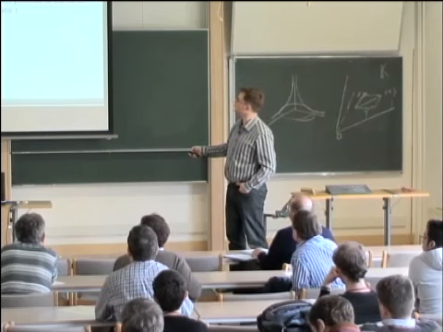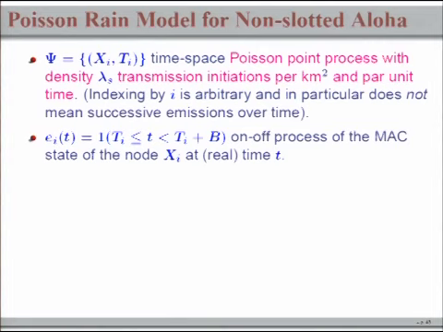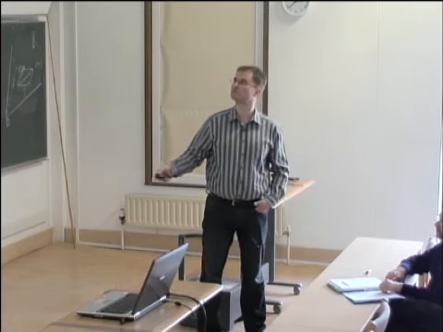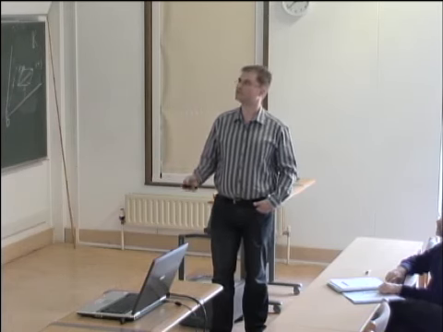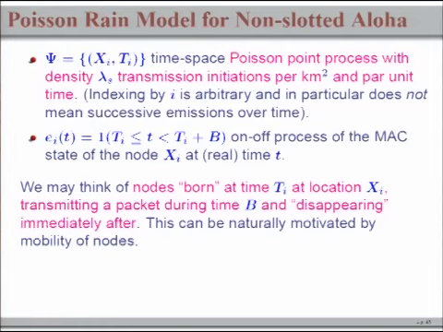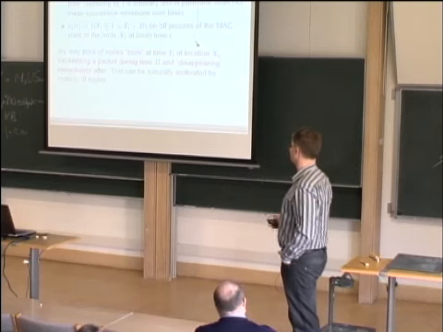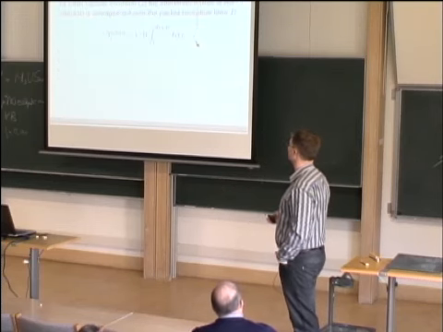The points of this point process are just locations where the packets are emitted and times at which these transmissions take place. You may think of this model as a network where nodes are born at location xi and time ti just to emit one packet and disappear. It's kind of an infinite population model, also studied in the setting without geometry.